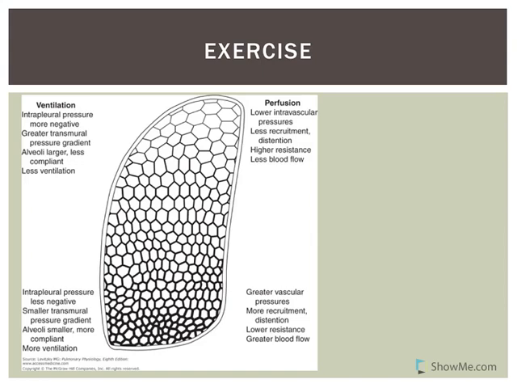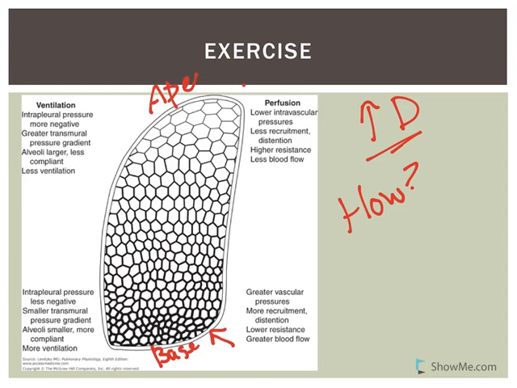Now, another thing that could affect the rate of gas exchange, this time a good one, is exercise. That would actually increase the rate of gas exchange. How? Well, under normal circumstances, in a normal upright lung, we have better blood flow down at the base of the lungs than up at the apex of the lungs.